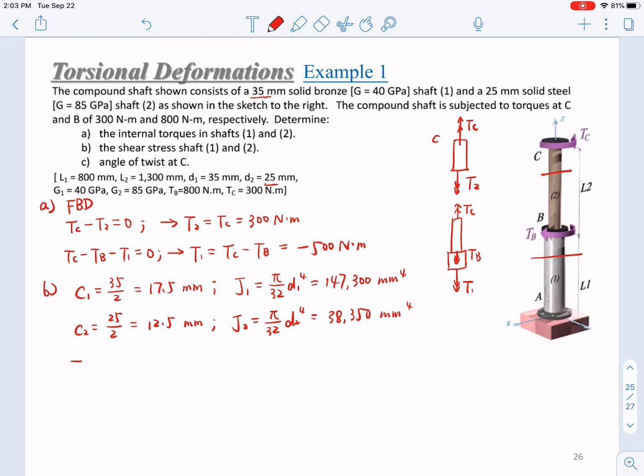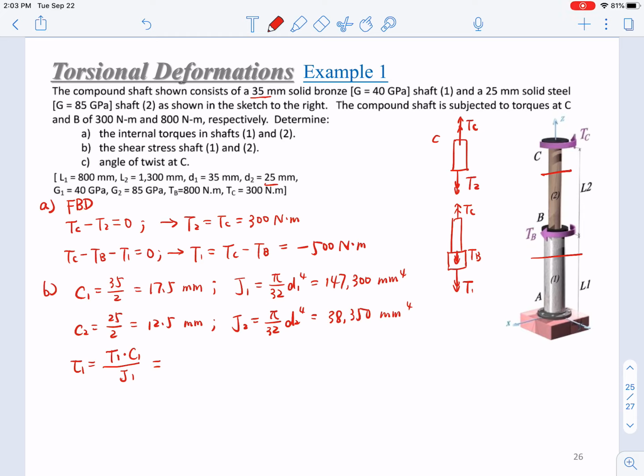So tau 1 can be calculated as T1 c1 over J1. I will skip the calculations and tell you the result. But based on our experience in the first midterm exam, it's important for you to try these calculations and check if you get the same result as mine.